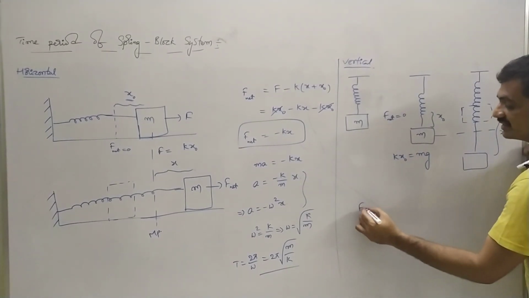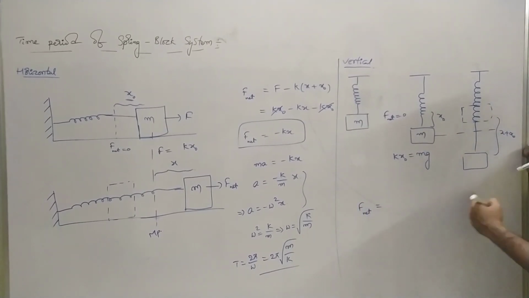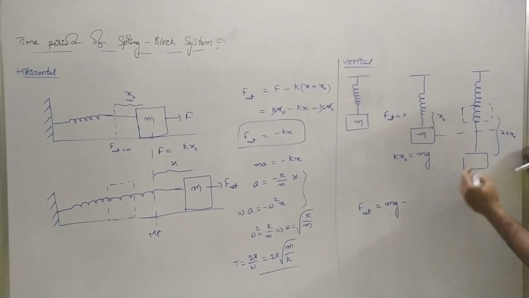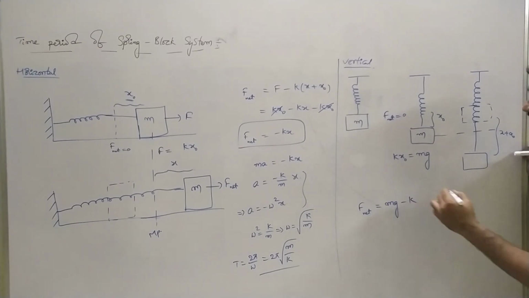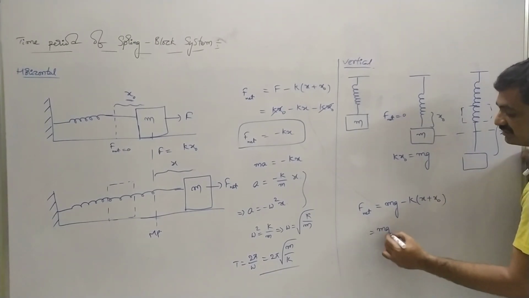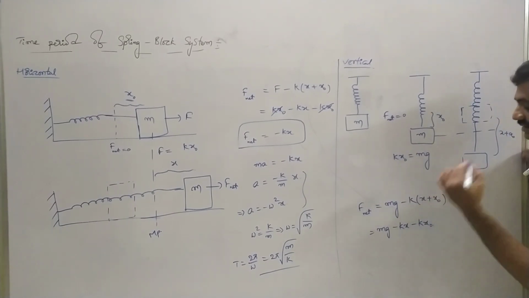Then the net force can be given as F net is equals to weight mg minus k into x plus x naught, that is mg minus kx minus kx naught.